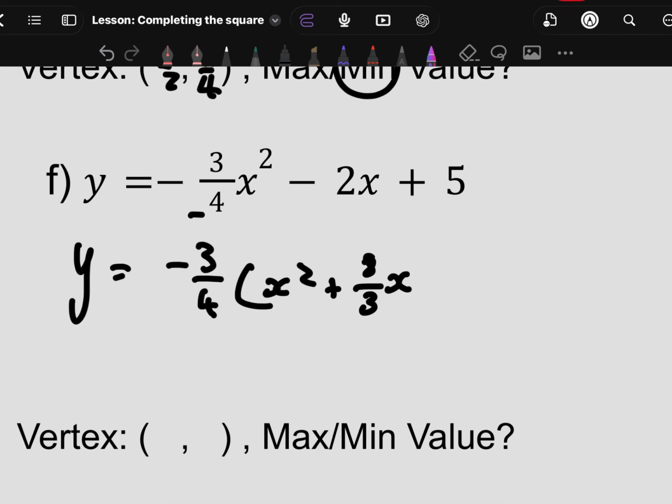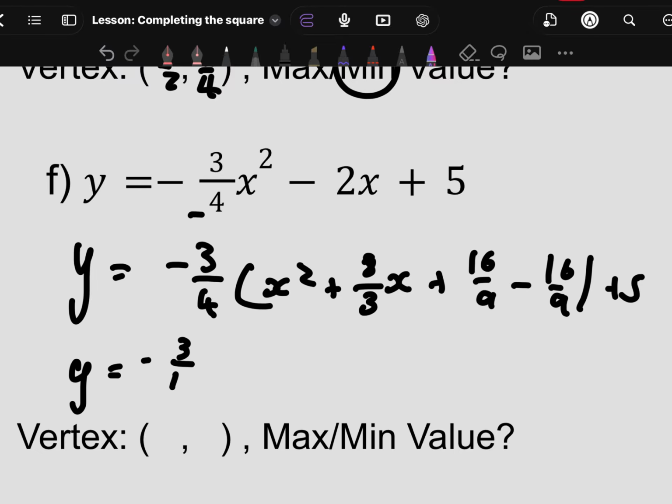From here, 8 over 3 divided by 2, squared, gets us plus 16 over 9 minus 16 over 9 plus 5. Y equals negative 3 over 4 times (x plus 4 over 3) squared.